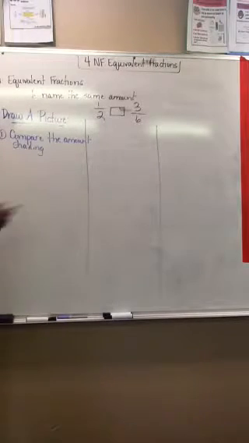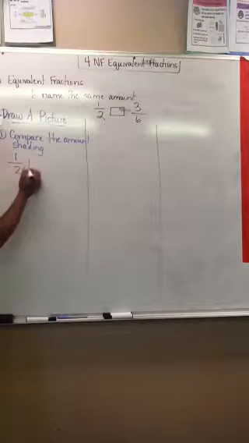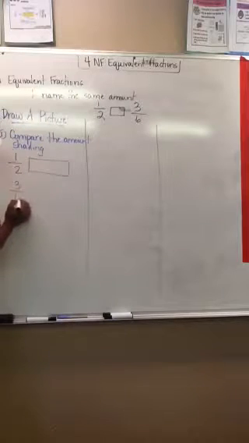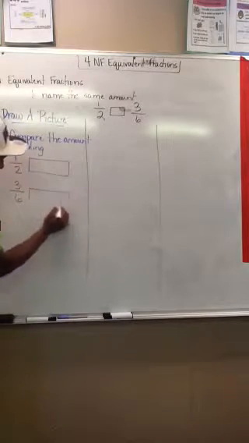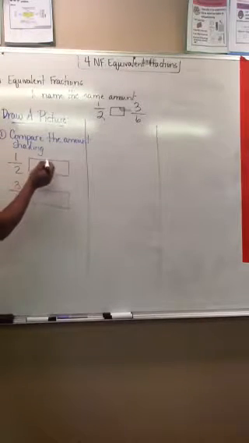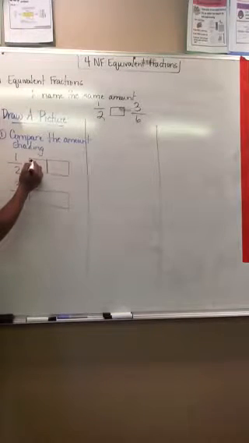So if I'm drawing 1/2, it helps if you draw them on top of each other. Start with the same size block, and then same way. Break it into 2 spots. Shade 1 up here.